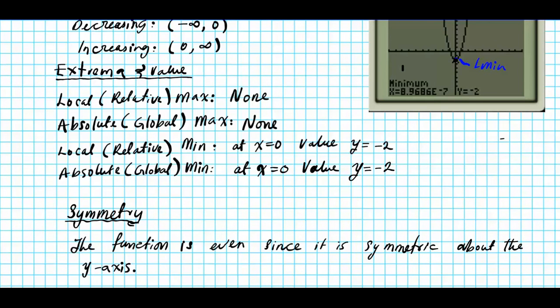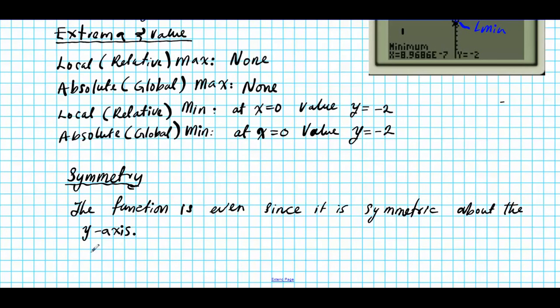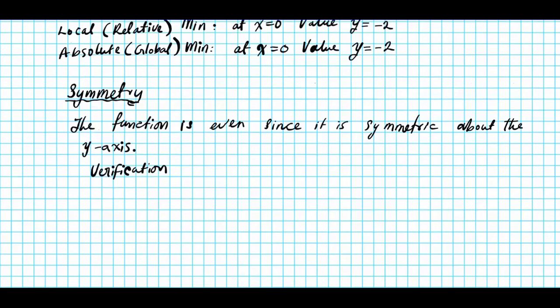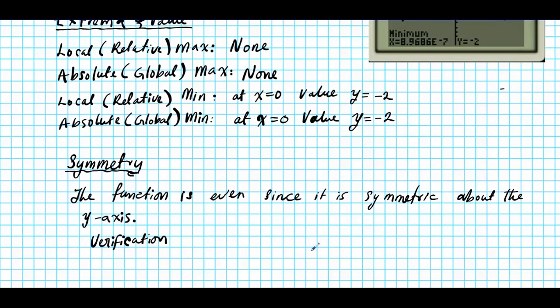Now let's verify this claim algebraically. Okay, so verification. In order to determine if a function is even or symmetric about the y-axis algebraically, we have to show that f of -x is equal to f of x.